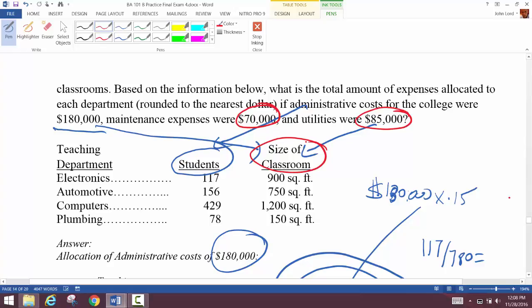I'm going to have to allocate that. If I'm trying to get the total electronics, I'd have to allocate that to the electronics now, wouldn't I? Based on number of classrooms.